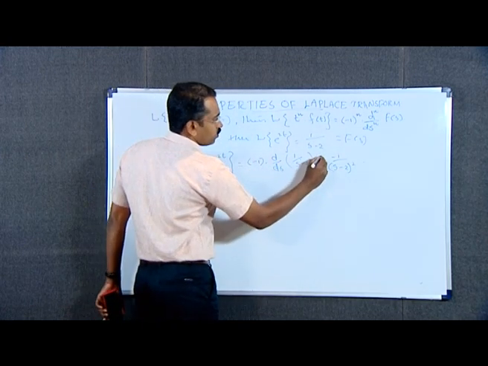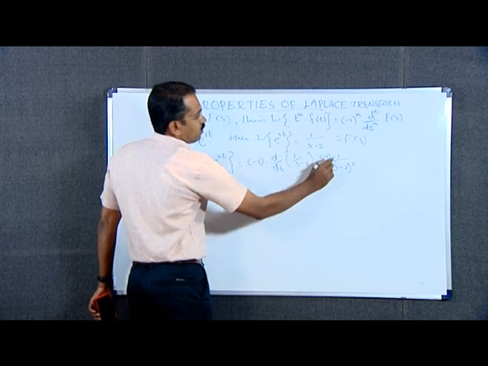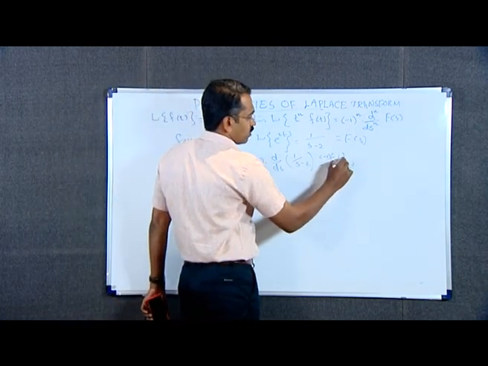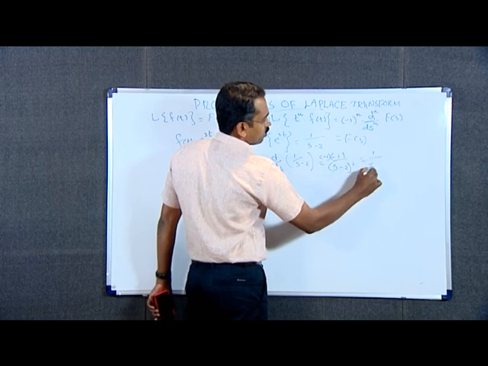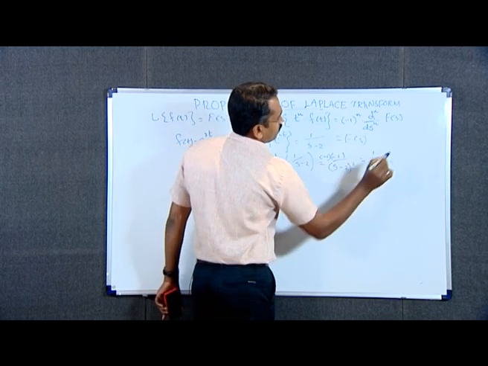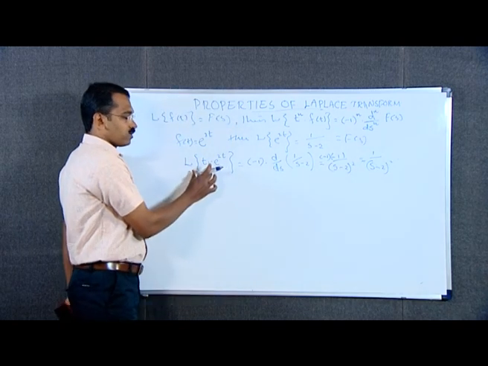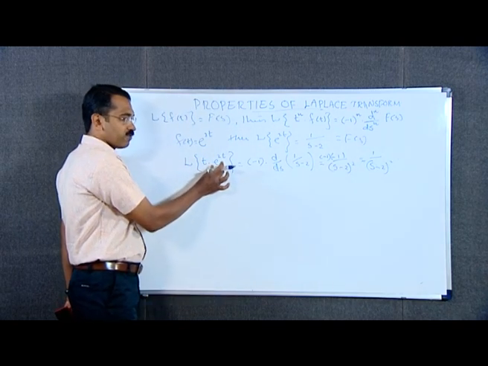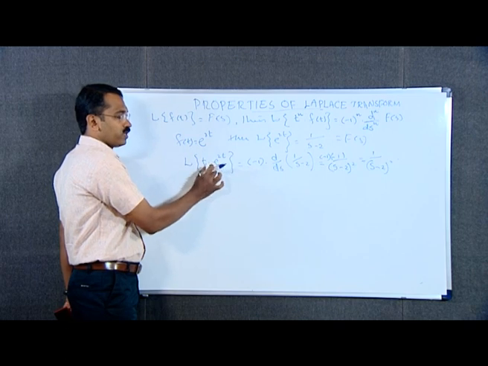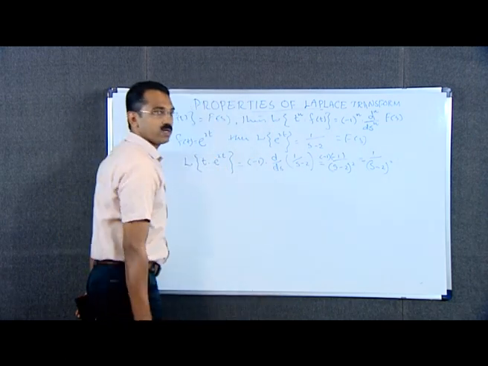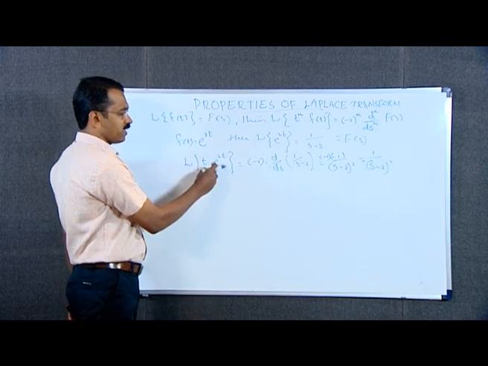Minus 1 into minus 1 divided by s minus 2 whole square means 1 by s minus 2 the whole square. That is, the Laplace transform of the function e raised to 2t multiplied by t is 1 by s minus 2 the whole square.